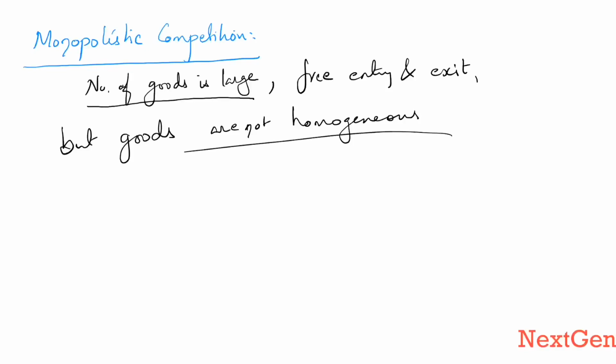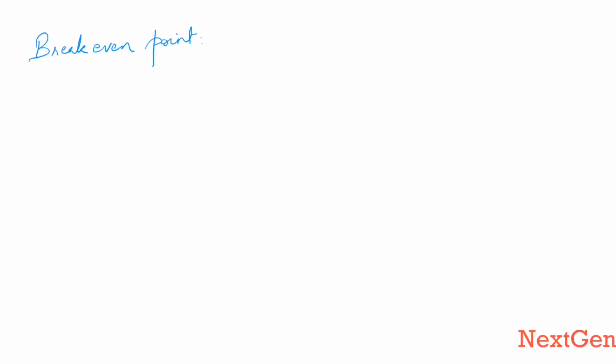That means the goods are kind of unique. That is, there is no substitute for such goods produced by each firm. Means every good that each and every firm produces is different from each other, and we cannot substitute these different goods for one another. Thus, that's the basic feature of monopolistic competition.